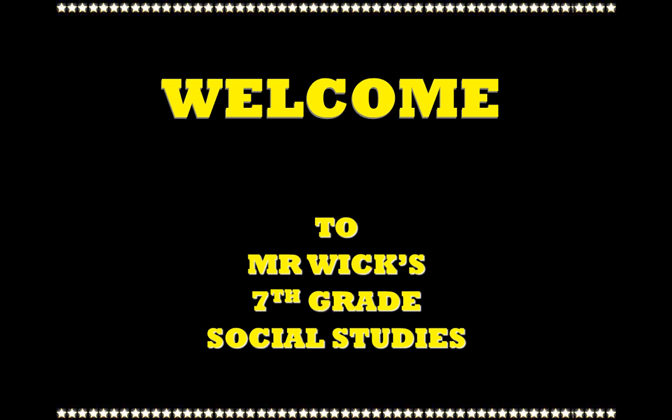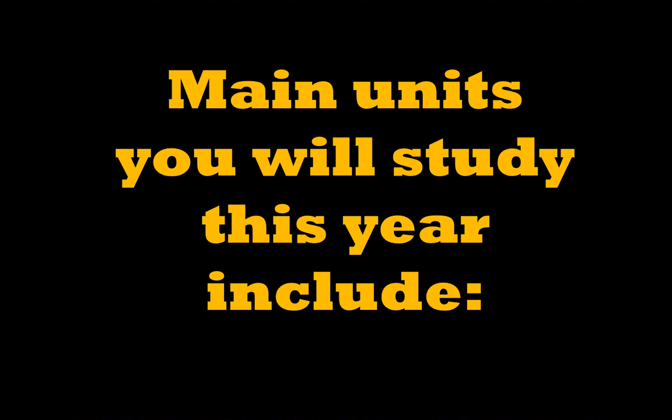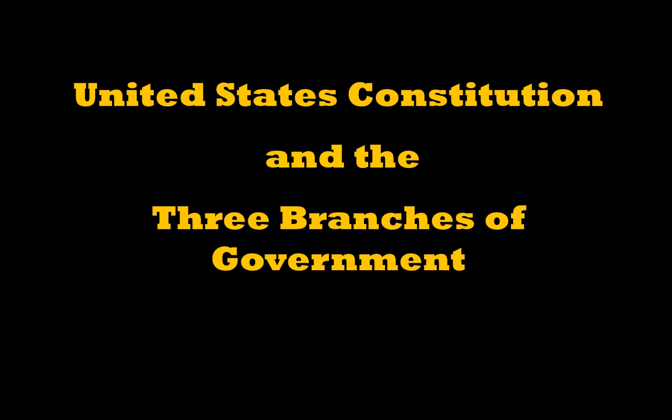We're going to talk today about our first major units of study in this school year. The year is broken into 2 semesters. The first semester is going to be all about the 3 branches of government in our United States Constitution.